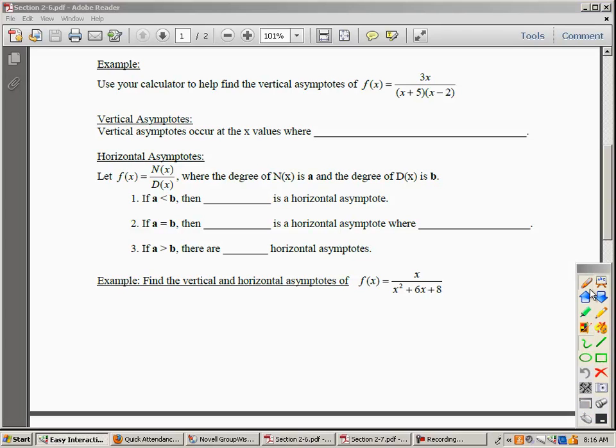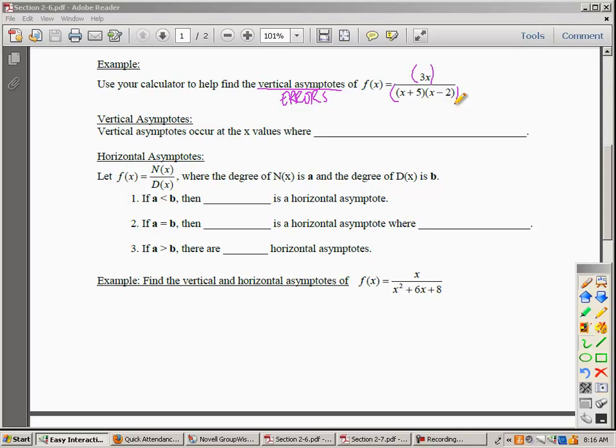So what we're going to do is go to our graphing calculators, and we're going to look at where we find vertical asymptotes. And vertical asymptotes are where you have errors. So if you stick this function in your calculator, I'd stick a parentheses here and then one extra parentheses around the bottom. The question then becomes, where do you have errors?